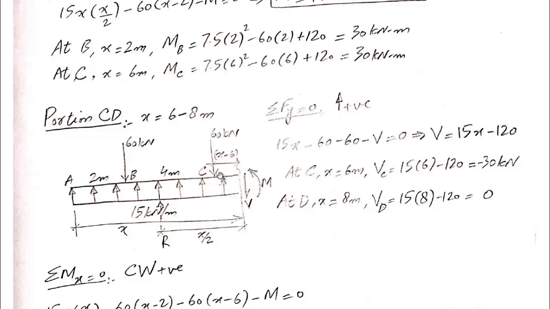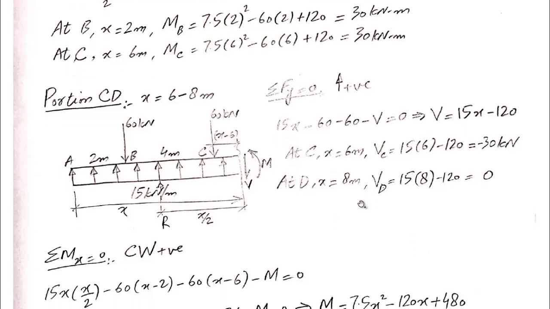And for this second 60 kilonewton force, the part of the beam present on the left side of the force is 6 meters, 2 plus 4. So the perpendicular distance between this load and the section is X minus 6. And the last thing is the exposed shear force and bending moment. This completes the free body diagram for portion CD.